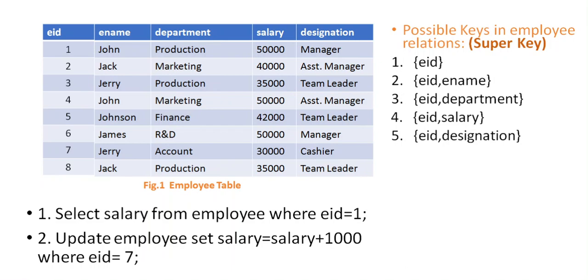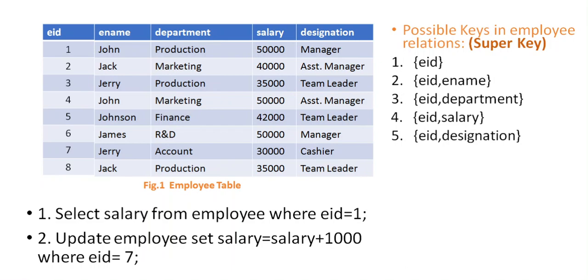Again consider this combination: employee ID 1 designation manager, employee ID 2 designation assistant manager. Now see, here we have two employees who are working as a manager, but for one employee, employee ID is 1, and for another, employee ID is 6. Means we have two sets, 1 manager, 6 manager. Okay, so here we can easily identify the person by using this particular combination, that is employee ID and designation.